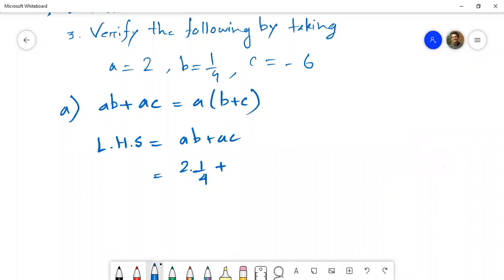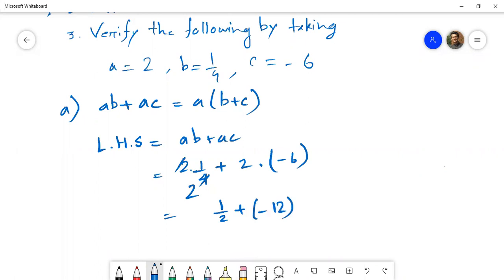2 times 1 by 4, then 2 times C, which is minus 6. So you verify it, you get 1 by 2. I just cut it by 2 on both sides. So you get 1 by 2 plus 2 times 6, that means minus 12.